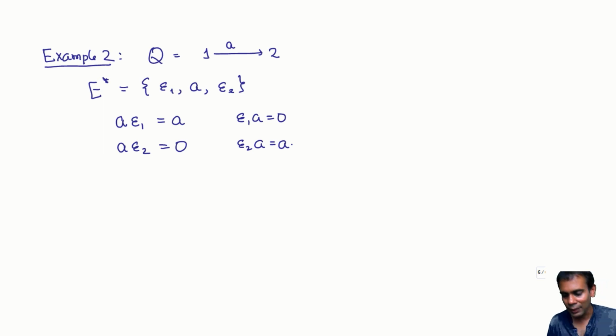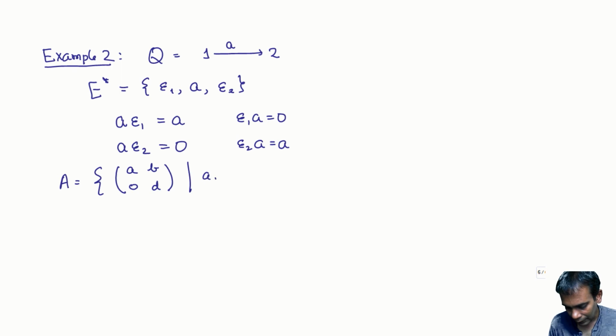Now this algebra actually has another familiar avatar. Consider the following algebra: let A be the set of all matrices of the form (a, b; 0, d), where a, b and d are arbitrary elements of F. Now if you add or multiply two upper triangular matrices, you still get an upper triangular matrix.